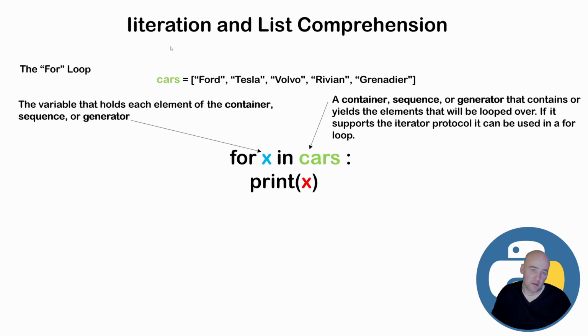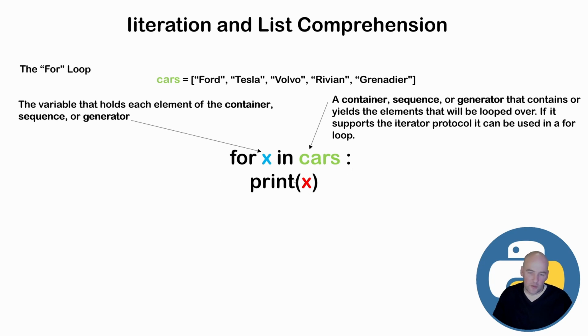We are going to iterate over each and every one of these items in the list, being the name of a car. Basically, what can be contained here is anything that uses the iterator protocol, which can then be used in a for loop.